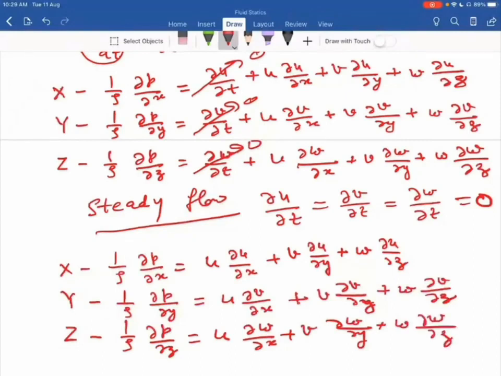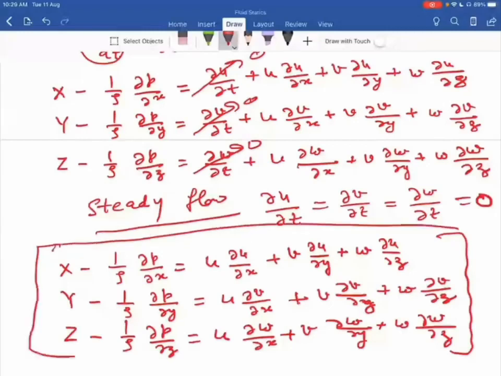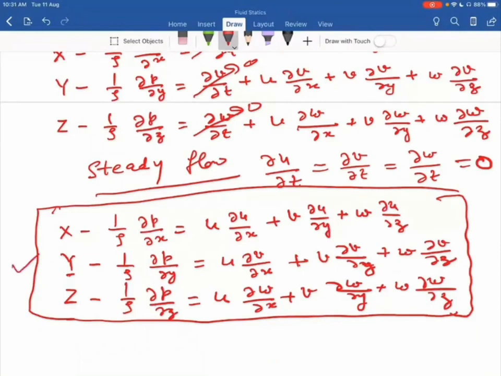Now these three equations are the required Cartesian form of Euler's equation with two assumptions, steady and ideal fluid. Cartesian form है Euler's equation की, ठीक है? So this is in the form of x, y and z coordinate. And in this set of equations, each term represents the force per unit mass. ठीक है?